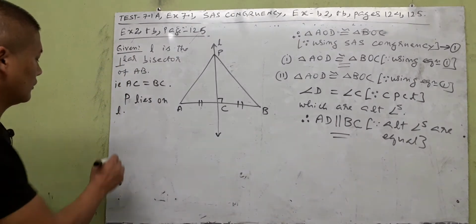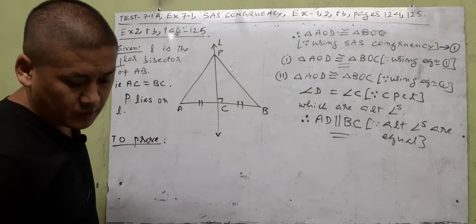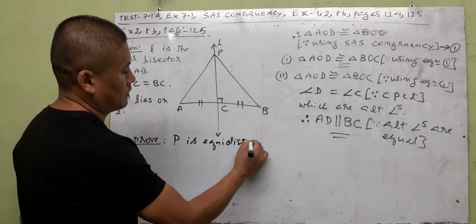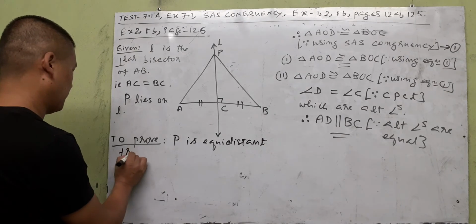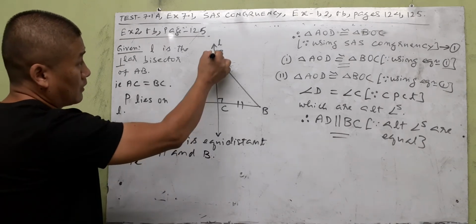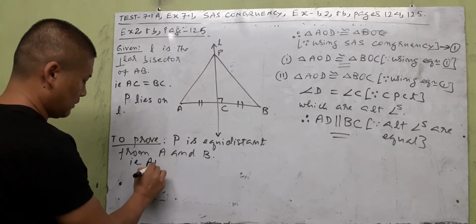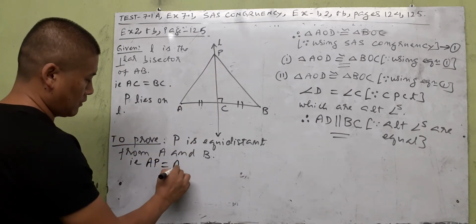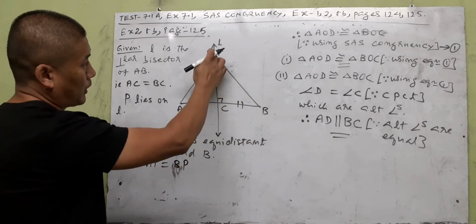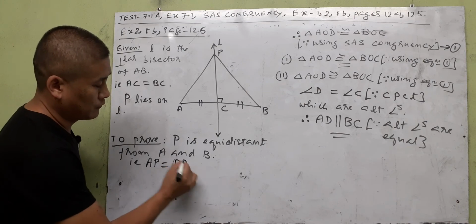We have to prove that P is equidistant from A and B. In other words, the distance of P from A and from B are equal, meaning AP, the distance of P from A, equals BP, the distance of P from B. These two distances are equal, equidistant; we have to prove this.